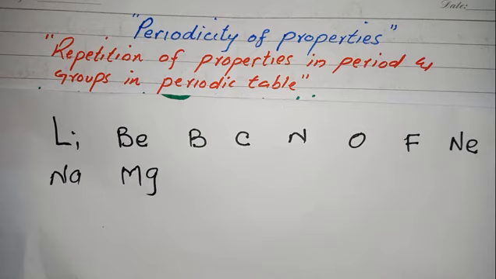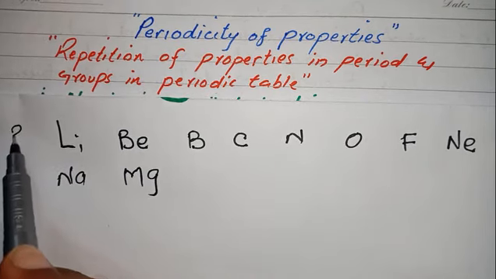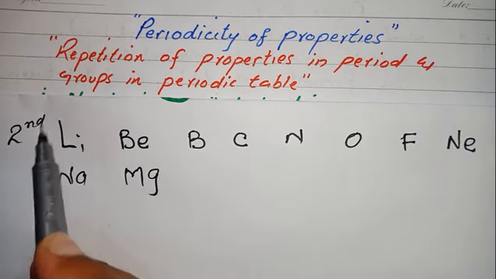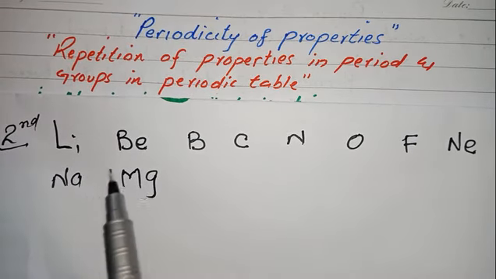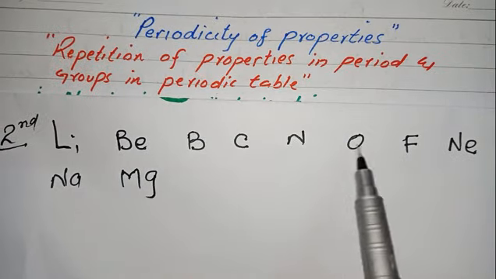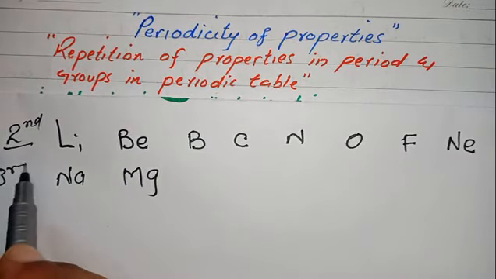after an interval. For example, let us take the elements of the second period of the periodic table: lithium, beryllium, boron, carbon, nitrogen, oxygen, fluorine, neon. While in the third period there is sodium.